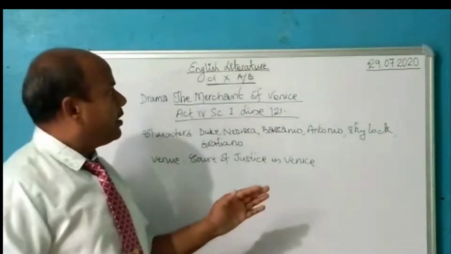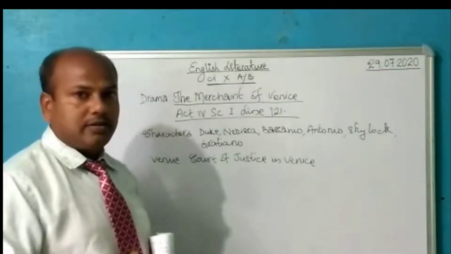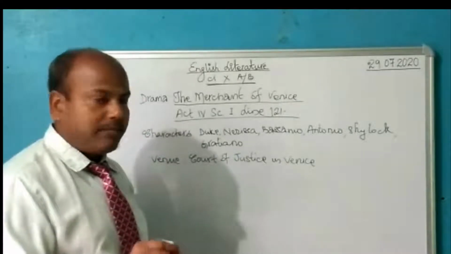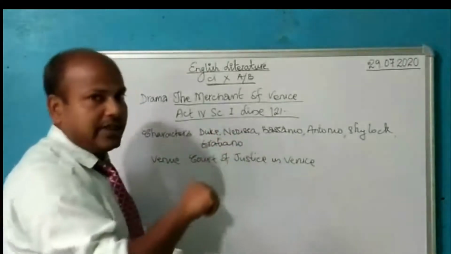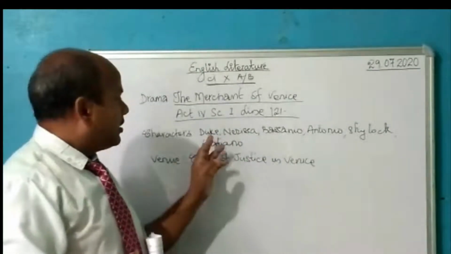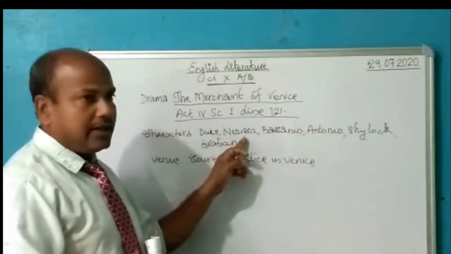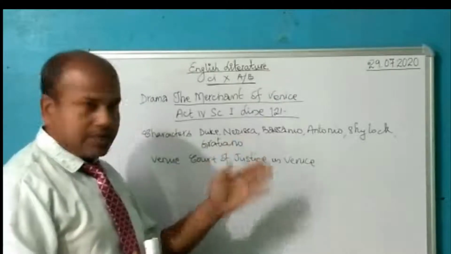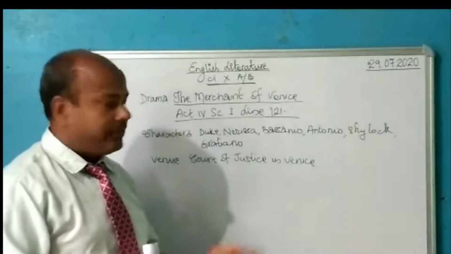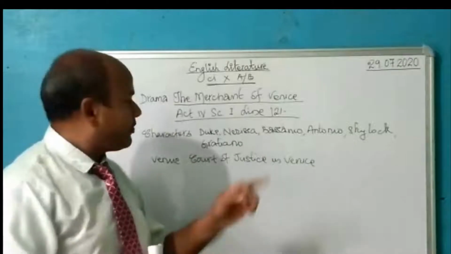In fact, most of the incidents or actions in act number 4, scene number 1 take place in Venice. A lot of characters you find here: Duke, Nerissa, Bassanio, Antonio, Shylock and Graziano. Nerissa is the best friend of Portia, but she enters the court as a clerk, in the disguise of a man.